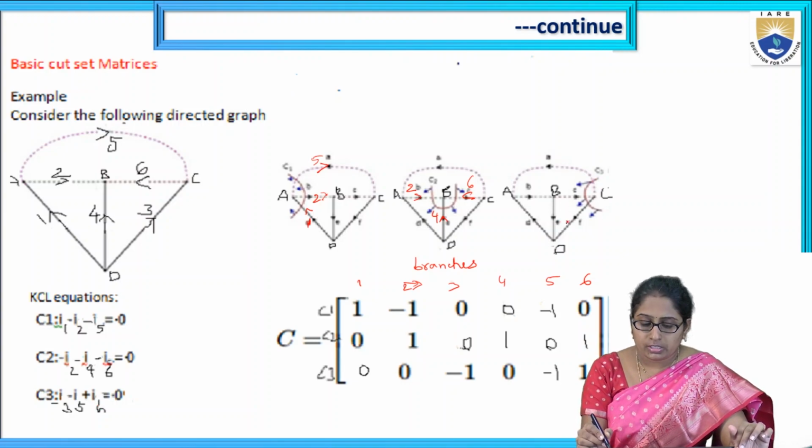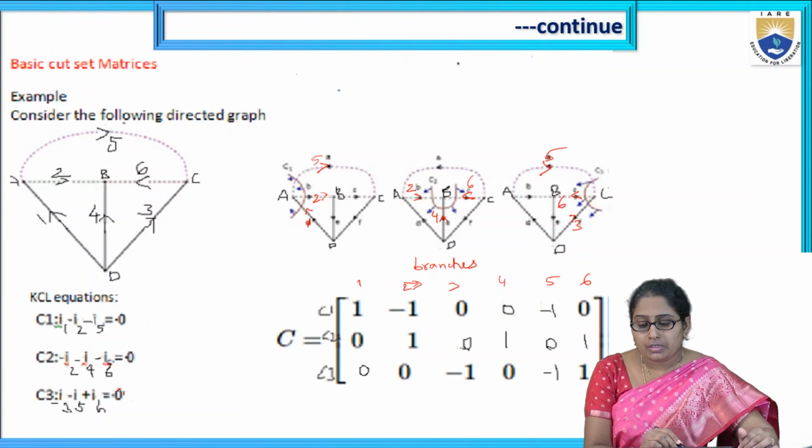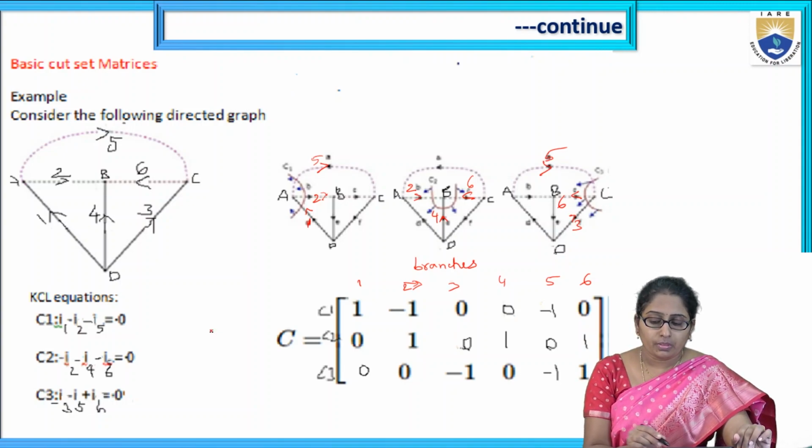So you can see, now cut set C3. This is a direction I have taken. So I have taken again C3 also on the left side.